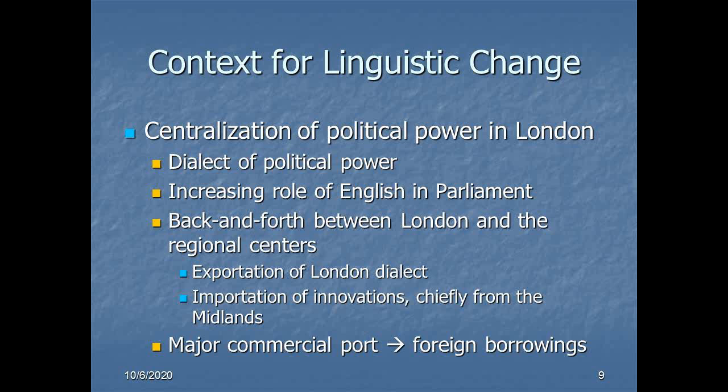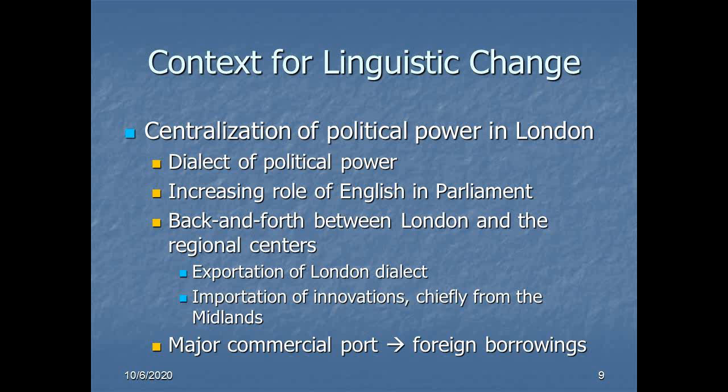What this meant, of course, is that with the back and forth between London as the national capital and the various provincial centers around the country, there was an exportation of the London dialect to the provincial centers and a tendency toward homogenization, with the London dialect serving as sort of the center of gravity.